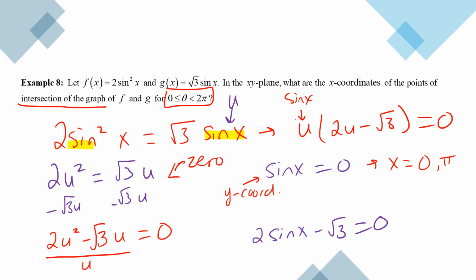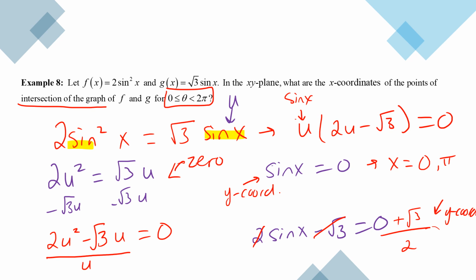On this one, we are going to add the square root of 3 and divide by 2. Make sense? So you're asking yourself on your unit circle, what y coordinates give you a positive square root of 3 over 2?